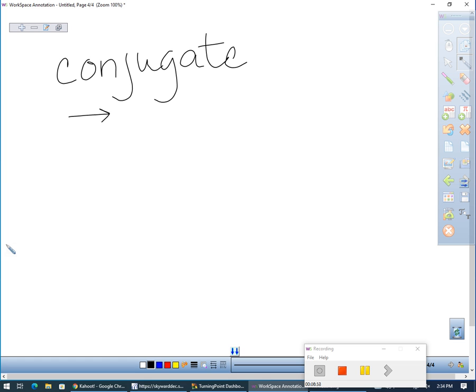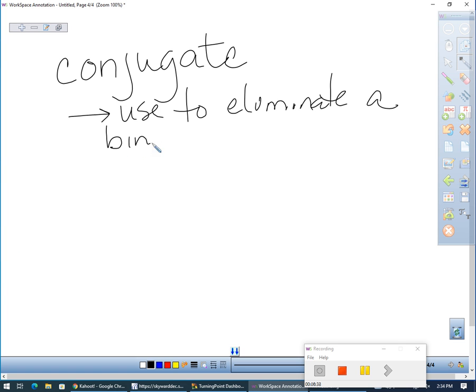The conjugate is when you have a binomial in the denominator that's got a radical in it, right? So we have to use the conjugate to eliminate a binomial with a radical.